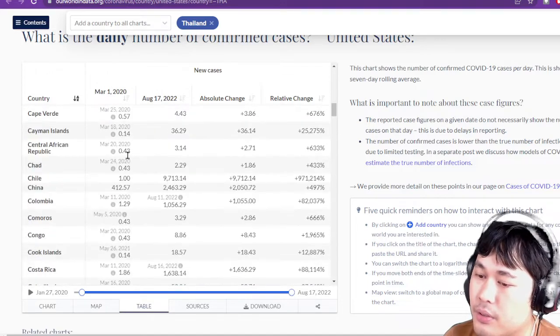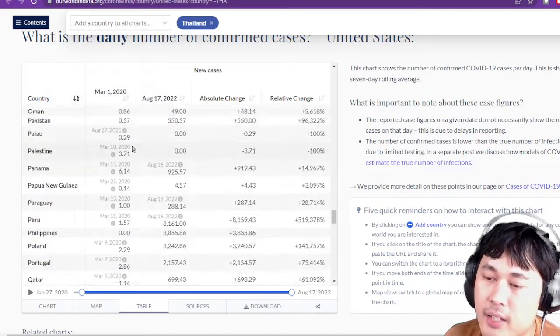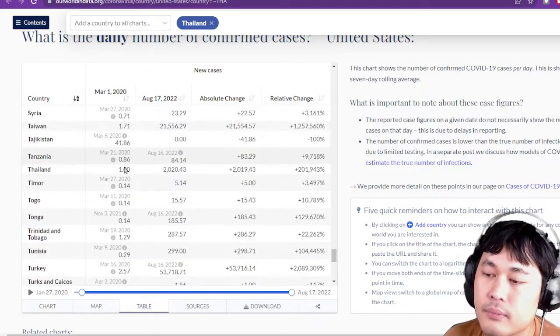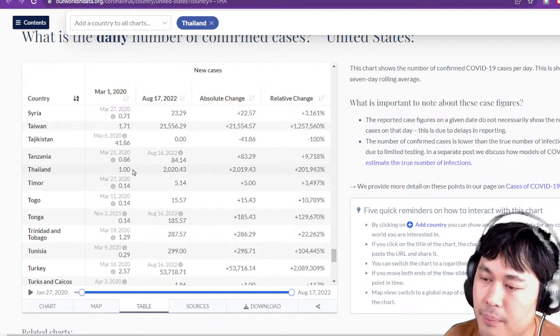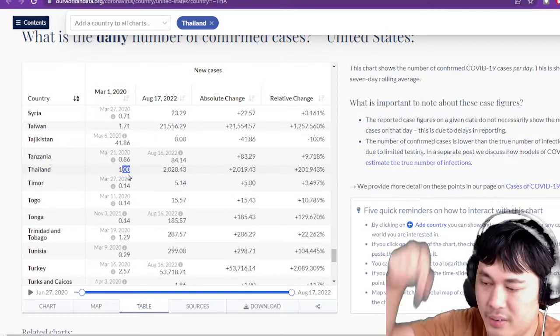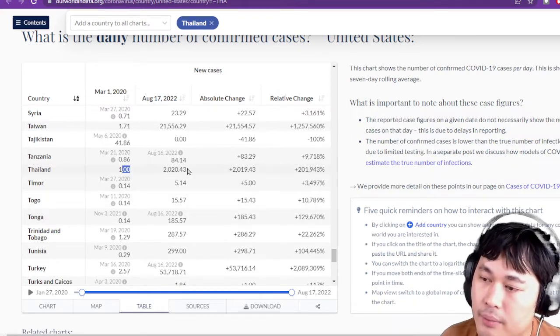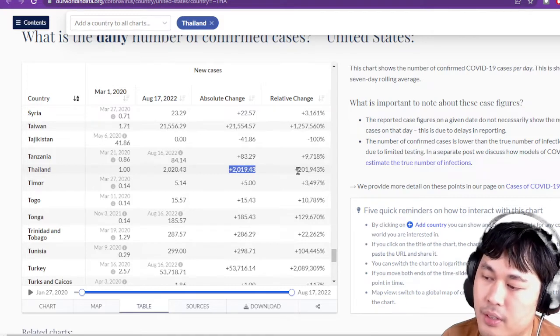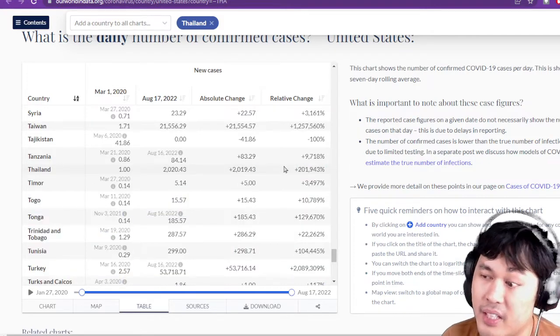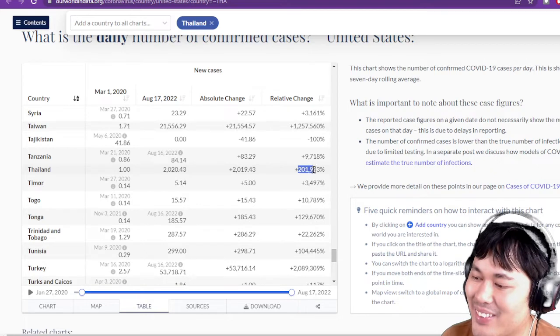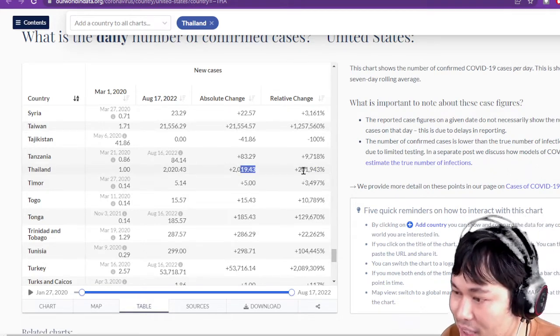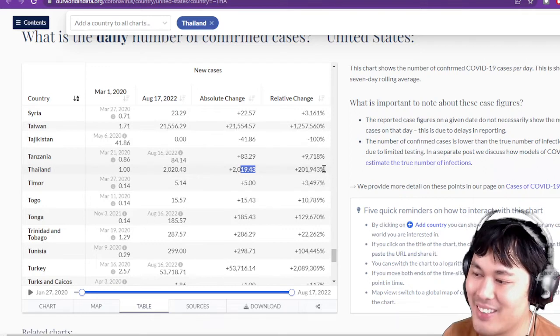We have to see Thailand somewhere. Yeah, there. March 1st. That's the country we select. And then we have 2,000 percent. Oh no, it's 200,000%.